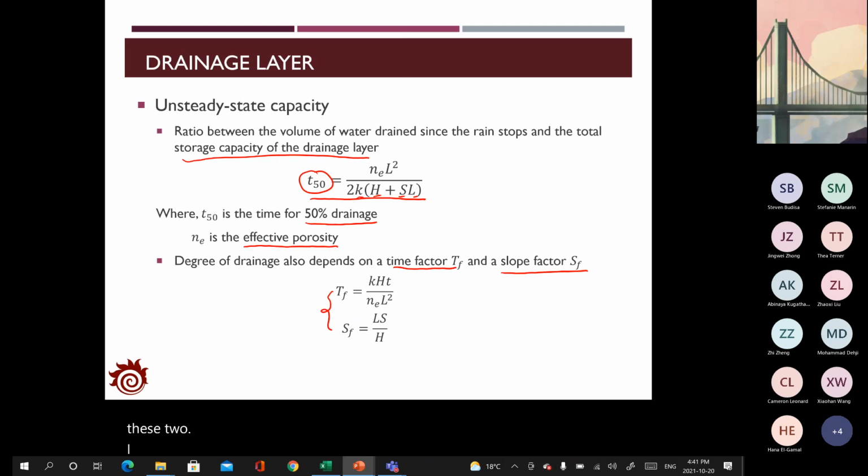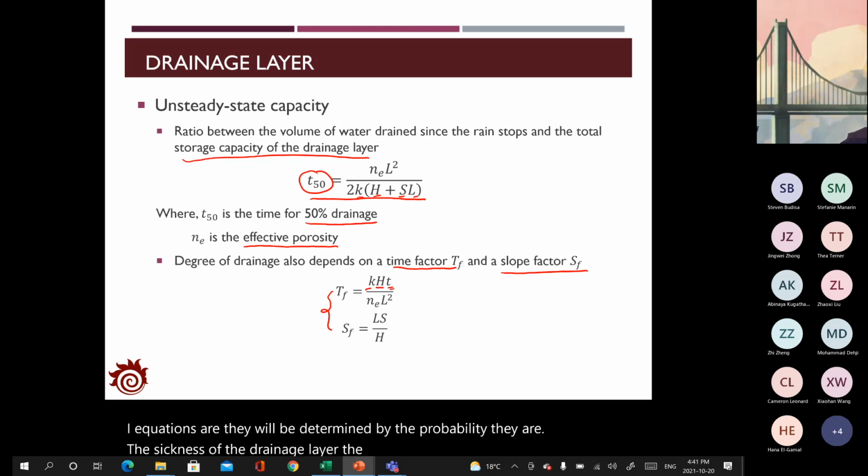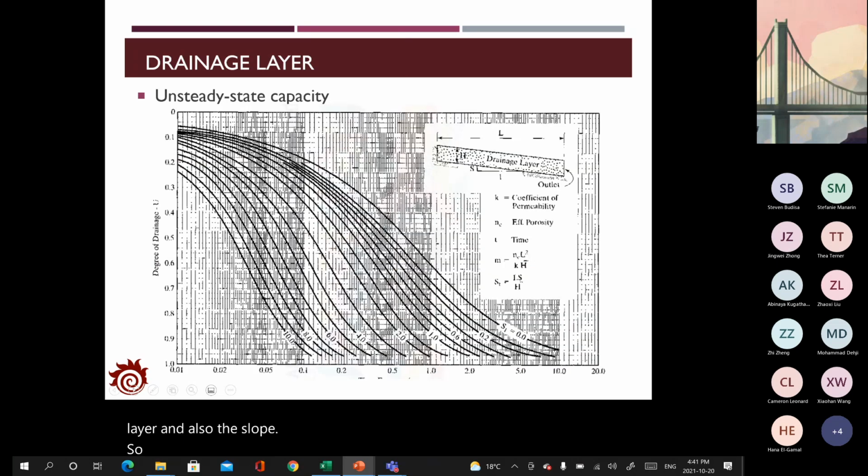They will be determined by the permeability, the thickness of the drainage layer, the time to drain a certain percentage of the water, the effective porosity, the length of the drainage layer, and also the slope.